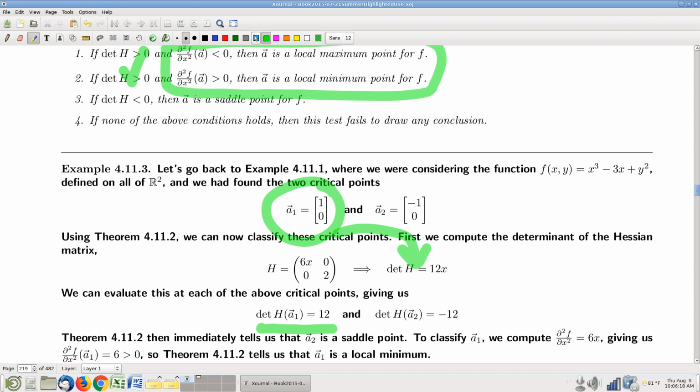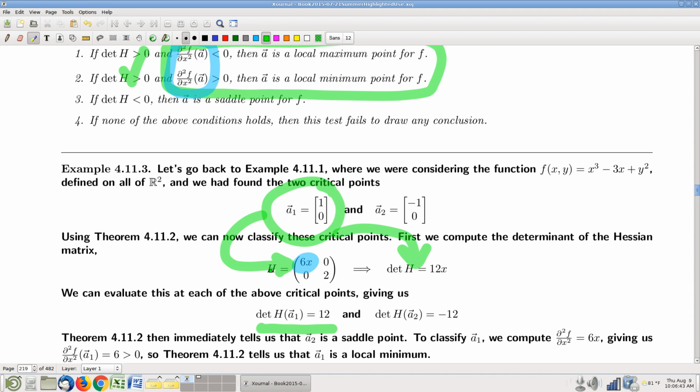Well, let's see here. What do I need to know? I need to know the second partial of f with respect to x at that point. Okay, well, here it is. It's 6x. Don't forget, 6x evaluated at this point, where x is equal to 1, y is equal to 0.